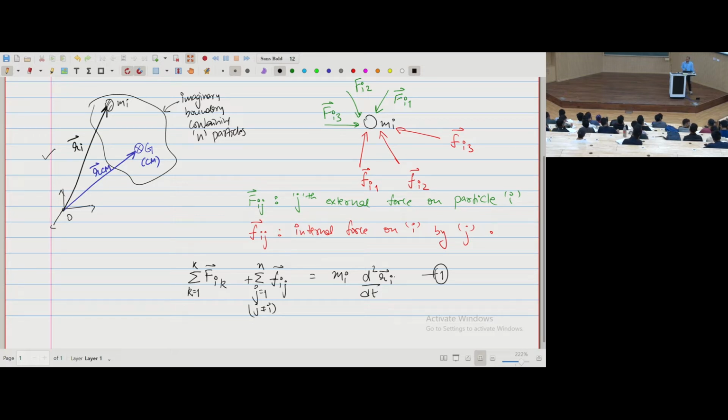Now we will write a similar equation for all the particles. Since I have kept the equation for an index i, the index i can vary from 1 to n. That gives me n equations for the n different particles, and I can add them all.